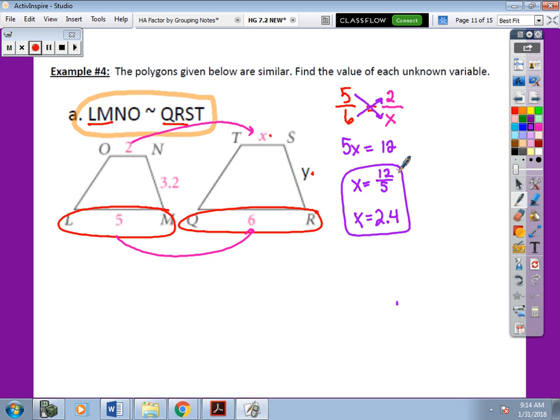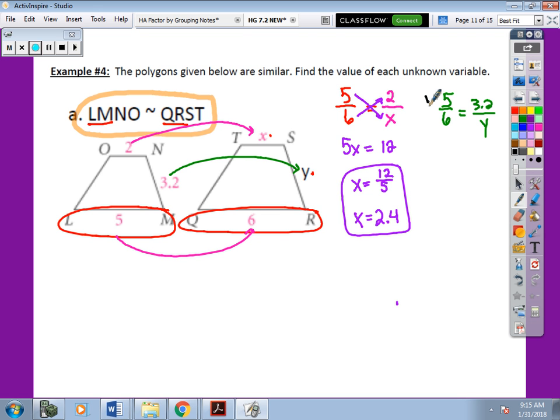Now, to get y, I would still stick with the original, the given piece, the 5/6. 5 over 6 equals something over something. What will I put on the other side? Is it 3.2 over y, or is it y over 3.2? This is important. Marquise? 3.2. Good. You're always doing first shape over second shape. So 3.2 over y.